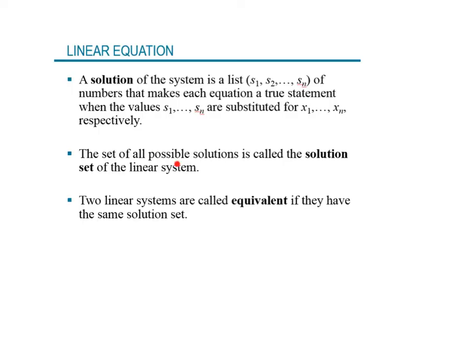And then the set of all possible solutions is called the solution set to our linear system. And two systems are equivalent if they have the exact same solution set. So lots of terms and definitions that we're going to use throughout the semester.